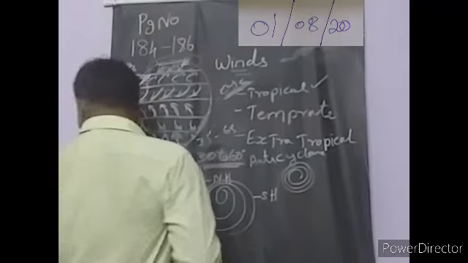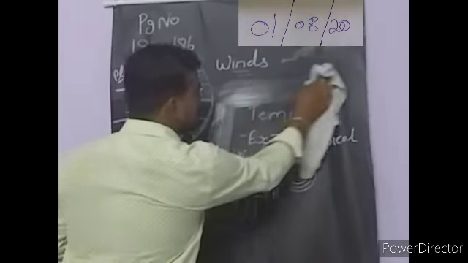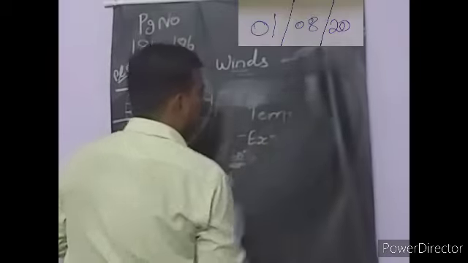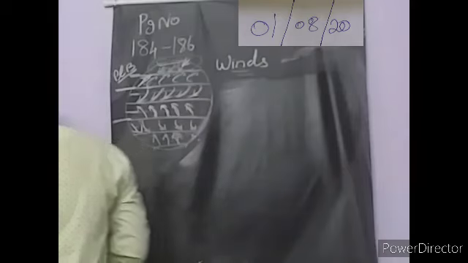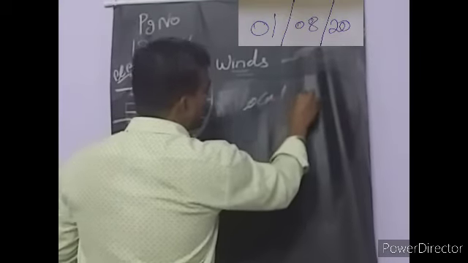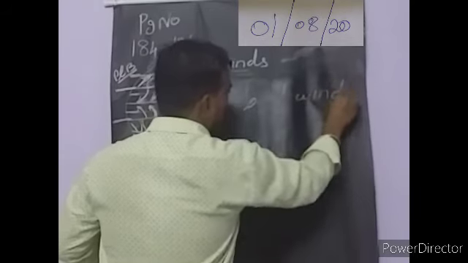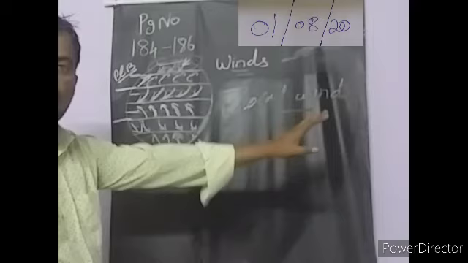Next, actually, what are local winds? Simple concept, no types, nothing. Local winds happen in a particular area alone. That will be called a local wind.